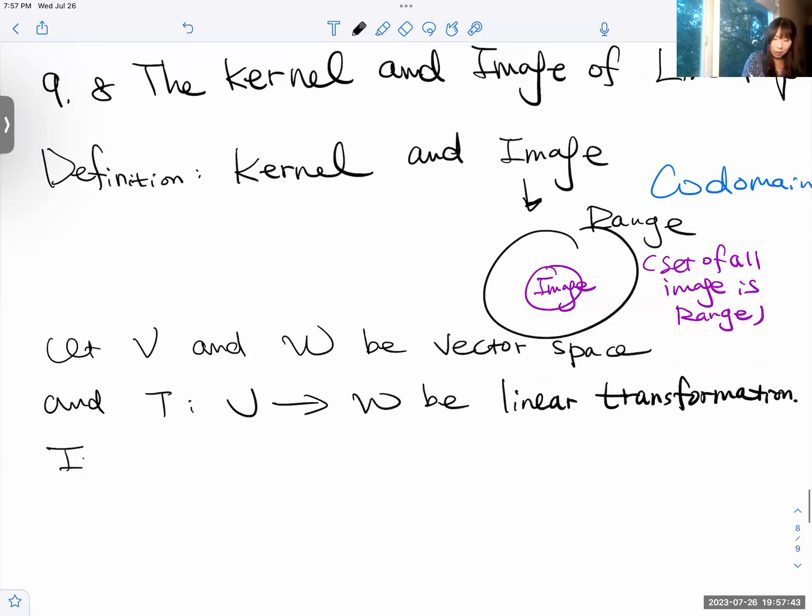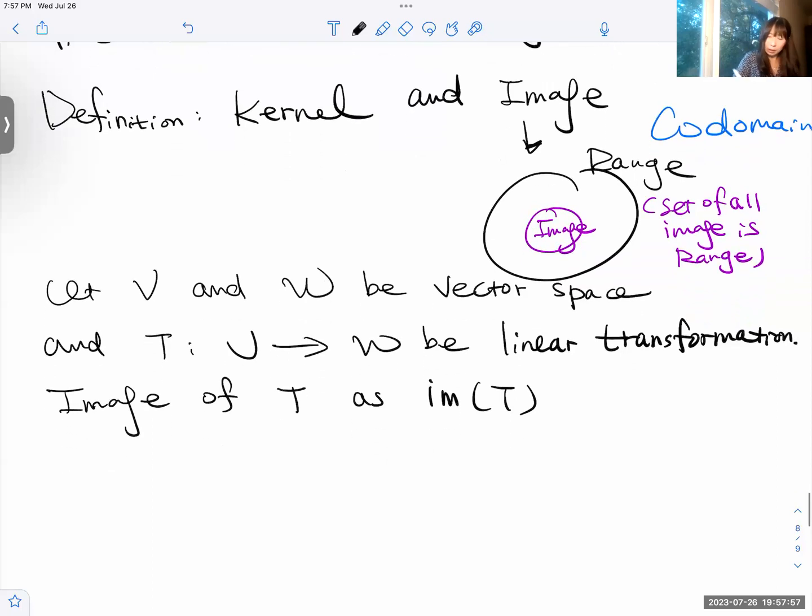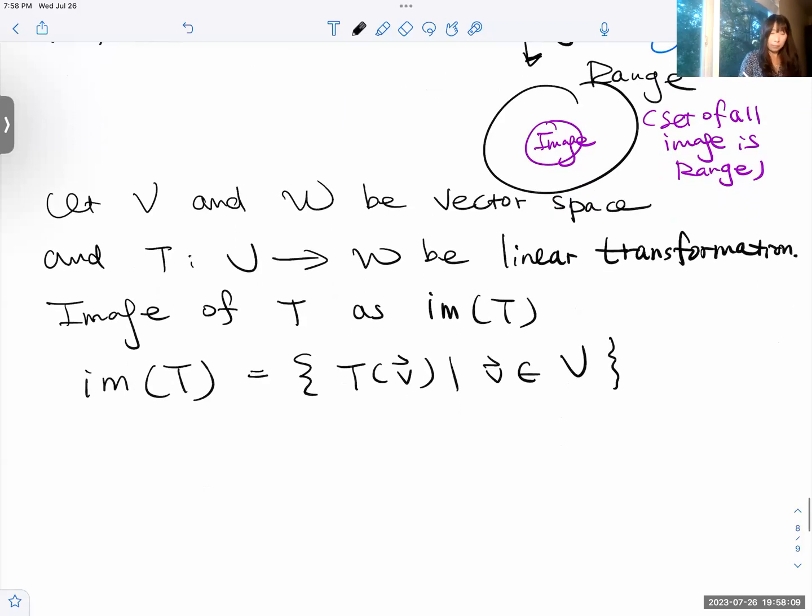Then we denote the image of T using IM over T. So IM over T is the set of T of V such that V is in V. Now the kernel, we denote this way.